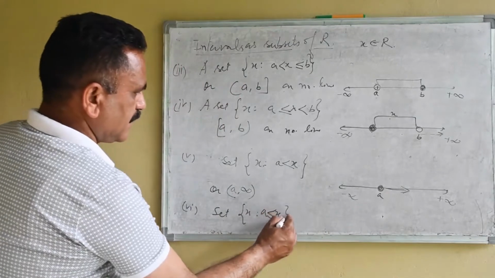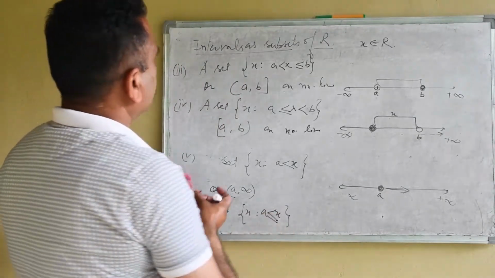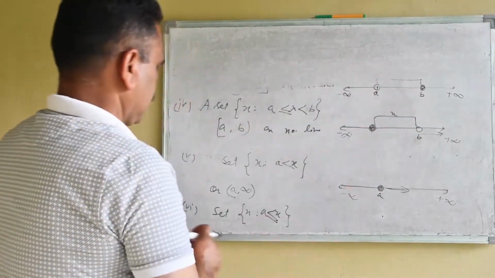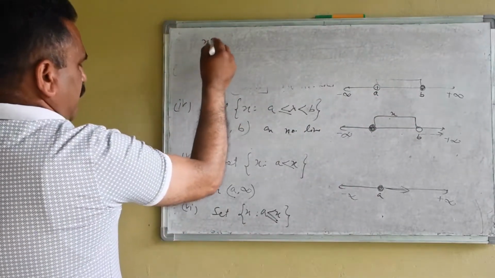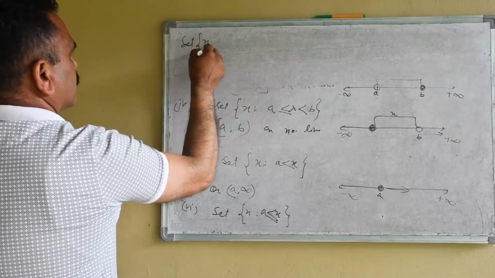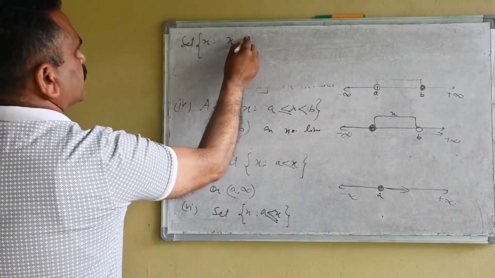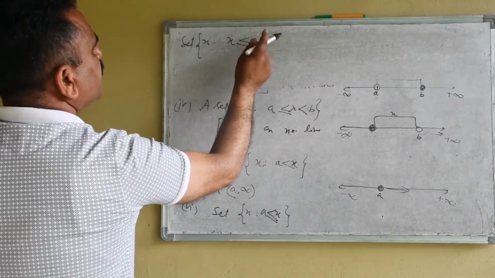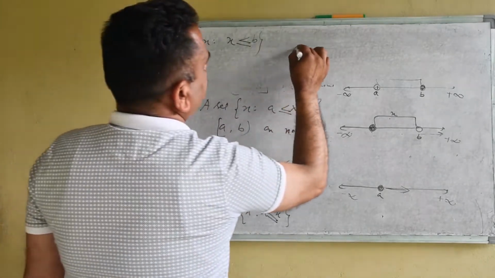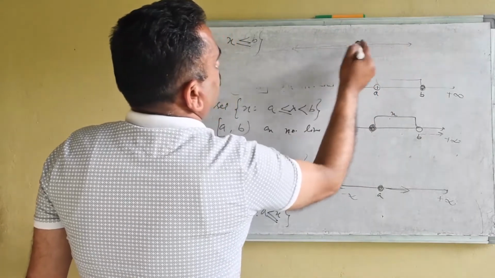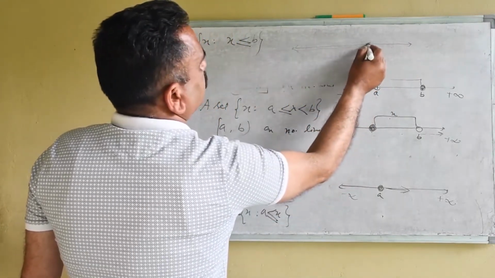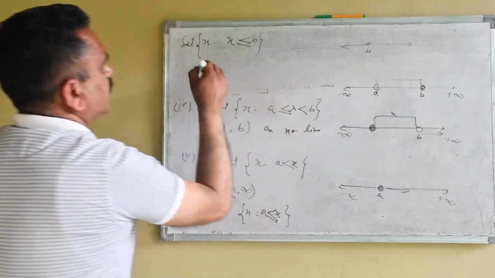इसी तरह से अगर हमारे पास एक सेट है x such that x is less than equal to a, or b we can say, suppose we have here the number as b, then what will happen? Here is b, so x is less than equal to b, it will be darkened towards this side.